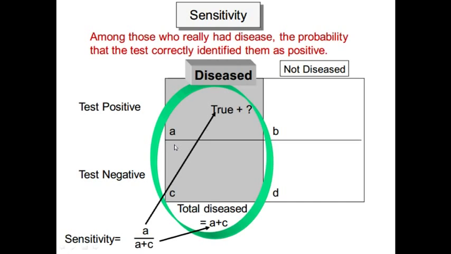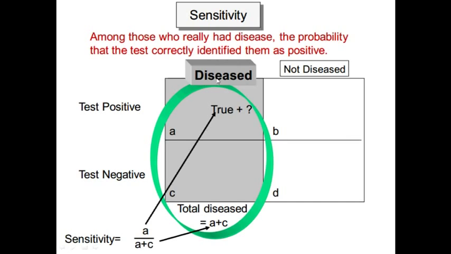So if we give the alphabets A, B, C, D to the individual cells in this 2 by 2 table, our numerator is going to be all those who have tested positive and are diseased. So it becomes A. These are our true positives because they have tested positive on the screening test as well as been diagnosed as suffering from the disease by the diagnostic test. So that's our numerator A. And what's going to be our denominator?